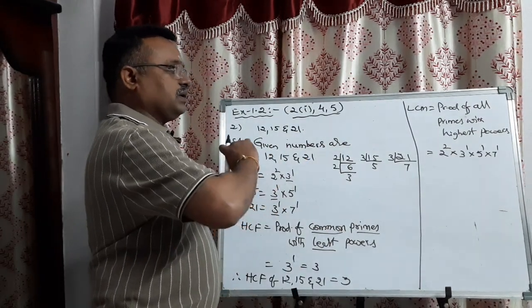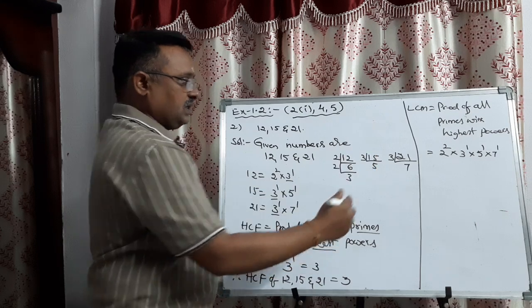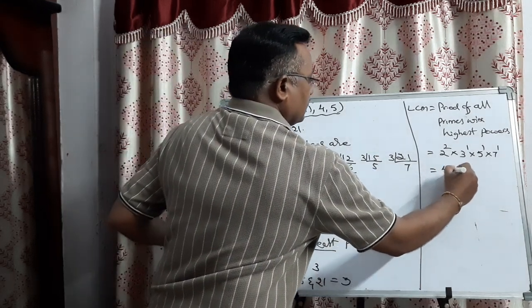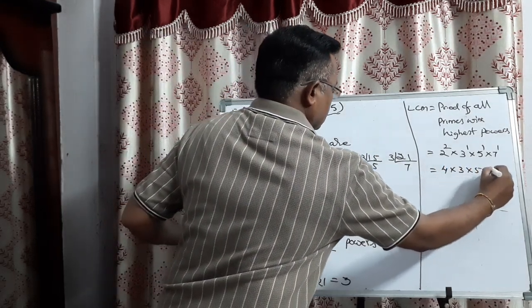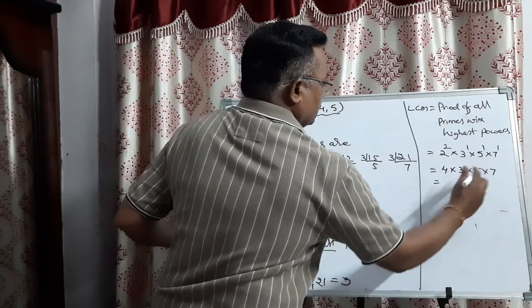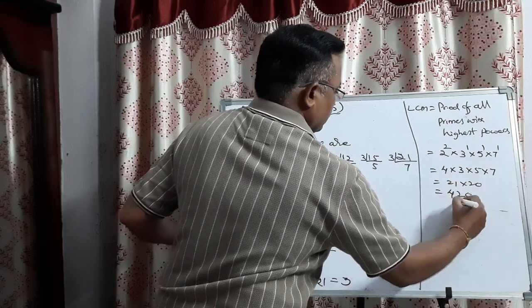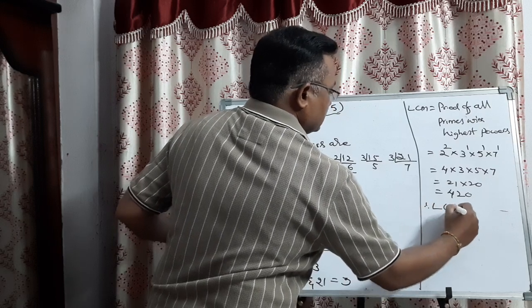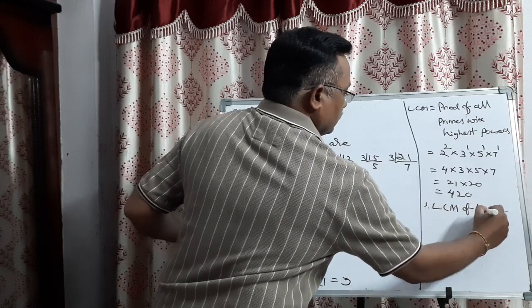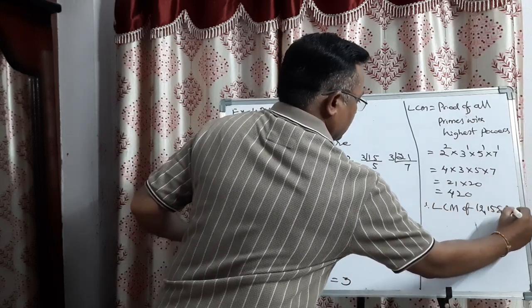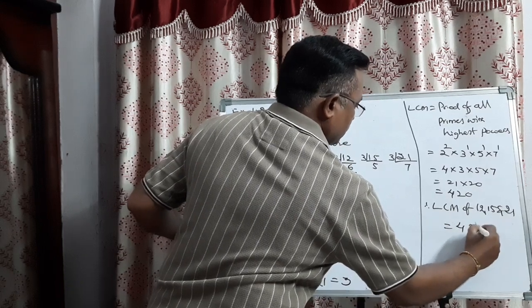So take the product of all primes with the highest powers and do the calculation. This is equal to 4 into 3 into 5 into 7. This is equal to 3 7s are 21 times 20. This is equal to 420. Therefore, LCM of 12, 15 and 21 is equal to 420.